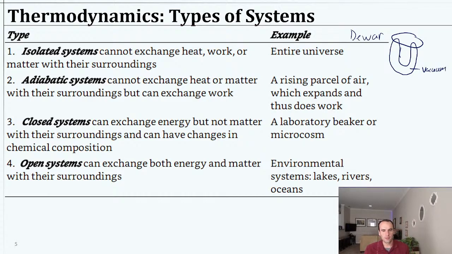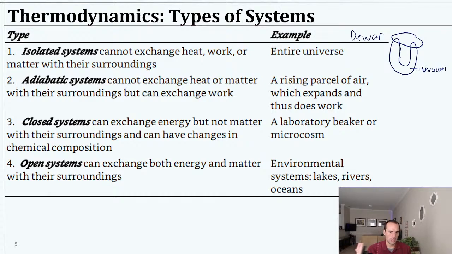Okay, a closed system, this is a little more like a laboratory setting. So the water in my cup here, I put just a little bit of vinegar in a little measuring cup for my demonstration. That would be a closed system. It's not exchanging matter with its surroundings, but it probably could exchange energy.